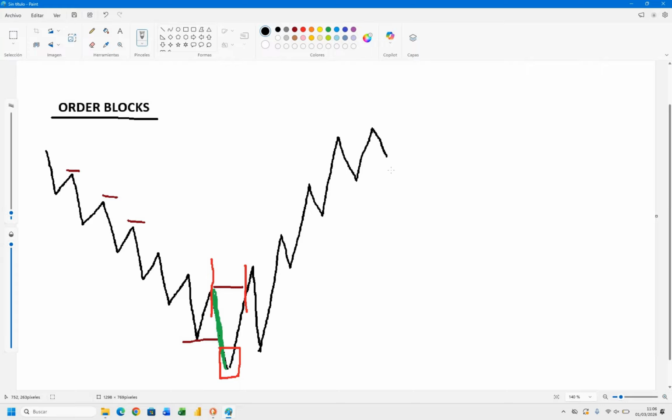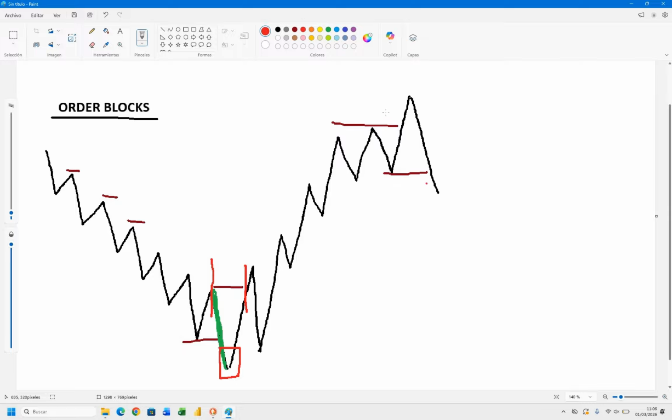The same thing will also happen from a bullish scenario to a bearish one. We push the price higher, we sweep all of this liquidity here, then the price goes lower and we close below that particular low.